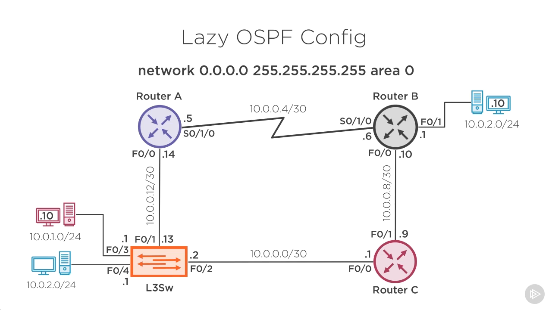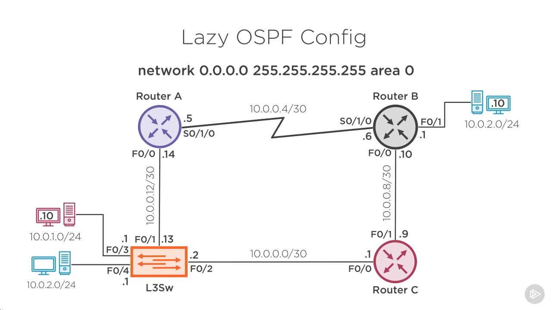Why is that? Well, on router B, we can get our messages to the layer 3 switch just fine. But once they get to the layer 3 switch, they may even get to our server just fine. But when the server replies, it's going to send the reply back to a destination of 10.0.2.10. It's going to hit the layer 3 switch. Layer 3 switch, if we remember from the previous conversation, is going to trust a directly connected network over an OSPF learned route.